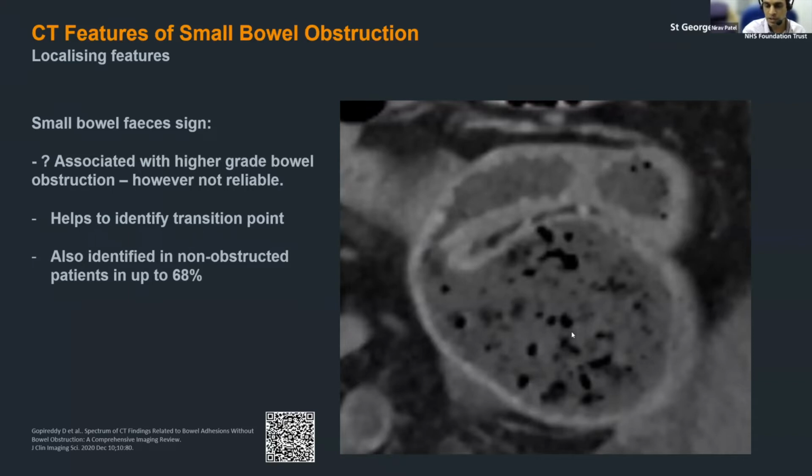This usually occurs at the site of where you have stasis. So if you have an obstruction like this, you can see this angulated loop of bowel. You might have distension like this, and this can help point to the area of obstruction. It's worth noting, however, I see this often on normal patients, so it can only be used in the context of when you think there is obstruction clinically. And if you don't see it, it doesn't mean there isn't a bowel obstruction.